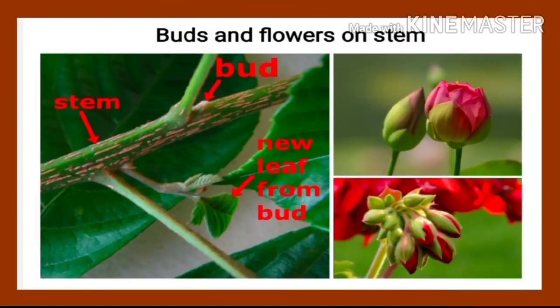Now, next part of the plant, buds and flowers on stem. Now here, let's take a closer look to a bud. Children, here you can easily see picture of bud. Bud, they protect a baby flower or leaf from the harmful elements of nature.